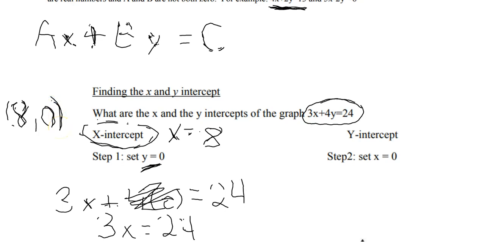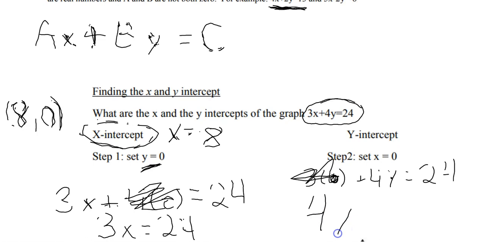Now you're going to do the same thing but for the opposite variable to find the y-intercept. So I'm going to set x equal to 0. I'm going to do 3 times 0 plus 4y equals 24. Now you can see that x term is going to disappear, and I'm just going to have 4y equals 24.